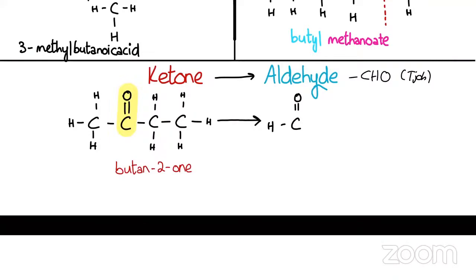So we just add 1, 2, 3 more carbons, fill in our hydrogens, and make sure we only have 4 bonds. That is an aldehyde with 4 carbons.